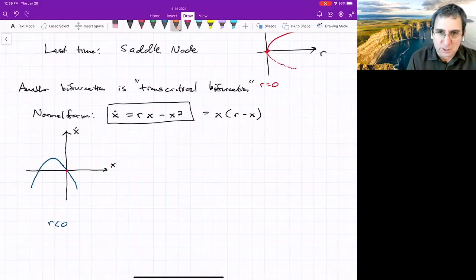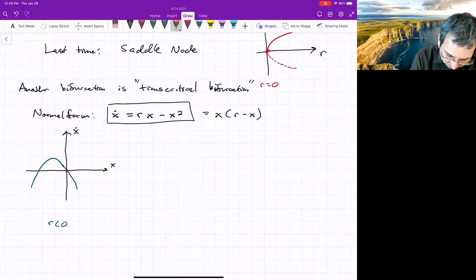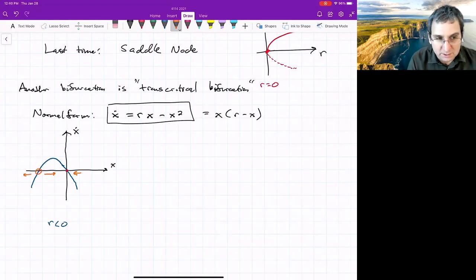If we use the approach of seeing what direction x is moving, remember, when x dot is positive, it's moving to the right. When x dot is negative, it's moving to the left. So the left side point is an unstable point because the arrows are moving away, and x equals 0 is stable. Let's say x star equals r.